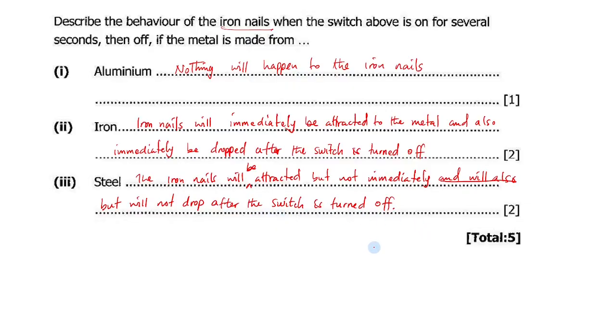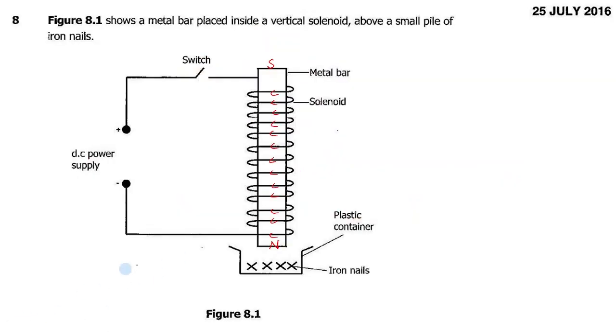Because I'm saying it is a hard magnetic material. So when I'm saying the iron nails will be attracted but not immediately, it is because if this is made of steel, when current passes here, it will not immediately become a magnet. It will take time to become a magnet, and during that period it will be turning into a magnet.